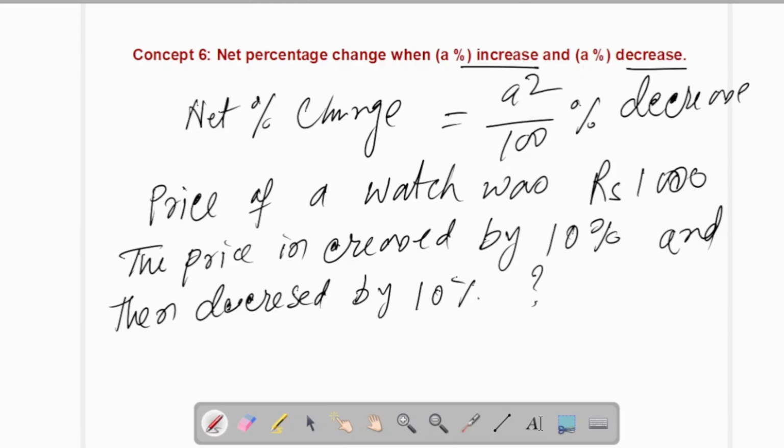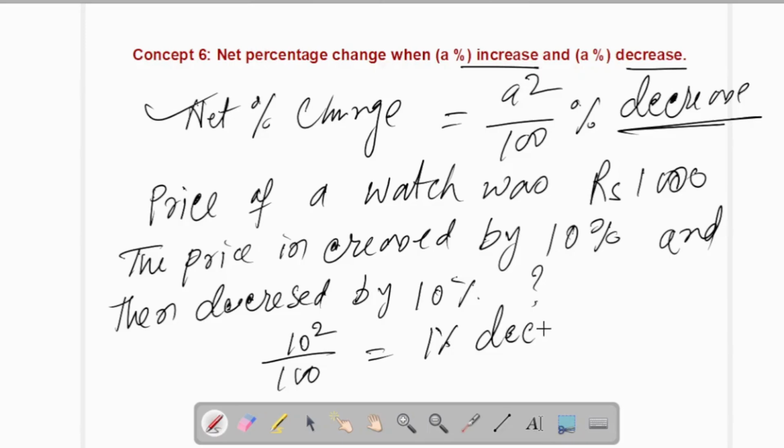Now let us discuss with the formula. So it will be a square by 100. So 100 square divided by 100. Since it's an increase and decrease, it will be decreasing. So 100 by 100 is 1% decrease. So what will be the price?